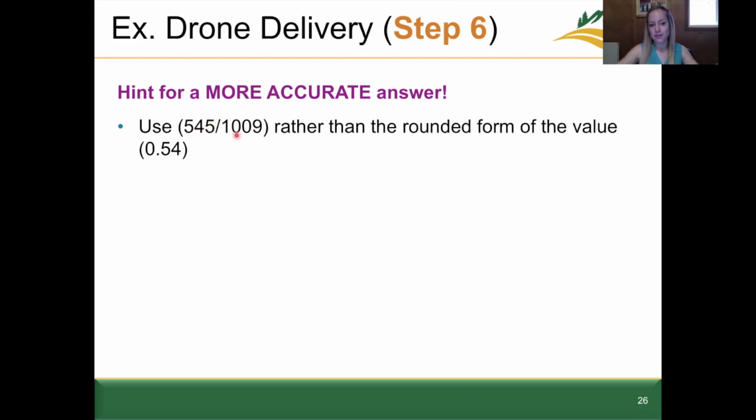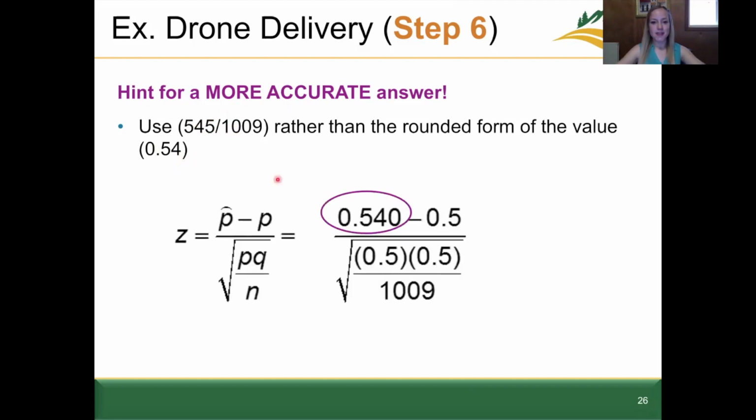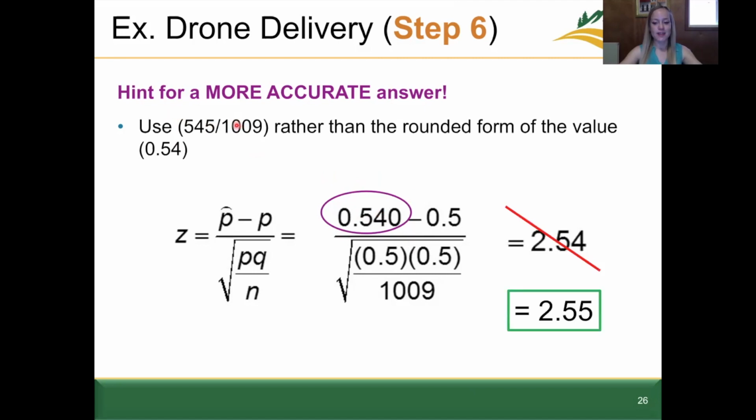We should use the full fraction instead of this rounded value for p hat. So again, here's our equation. Here's the values we'd put in, except now instead of using this rounded p hat value, we're going to use this fraction here of 545 divided by 1009. When you replace 0.540 by this true fraction, then you should get an actual value instead of 2.54 of 2.55. Yes, they're very close, but this is more accurate.